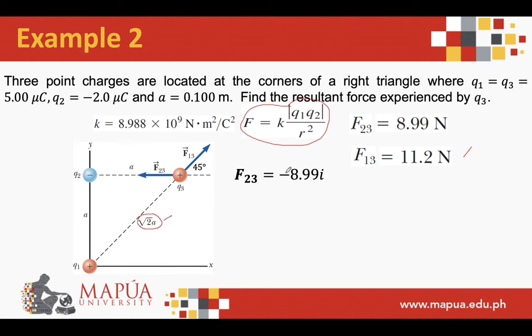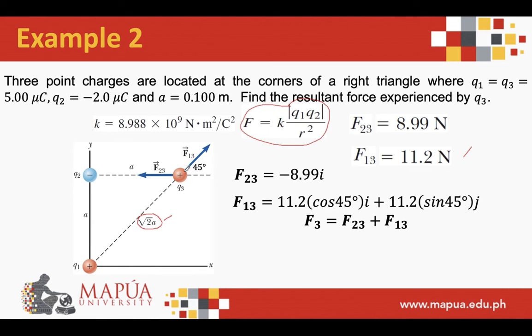The unit vector i denotes that the force is directed along the negative x-axis. And then no y component, so you have 0j here, but no need to write.